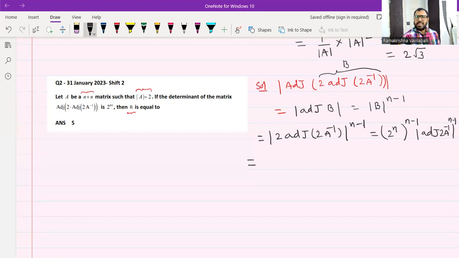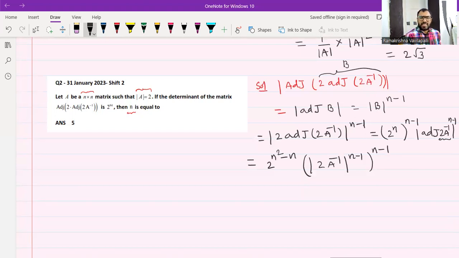Further, the first one becomes 2 to the power of n square minus n. Here you again apply the determinant of the adjoint of a matrix. In place of A, we have here 2A inverse. So 2A inverse whole to the power of n minus 1, again whole to the power of another n minus 1.